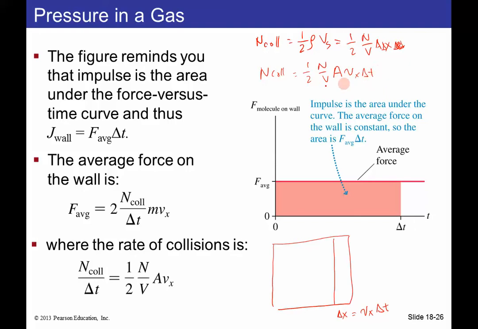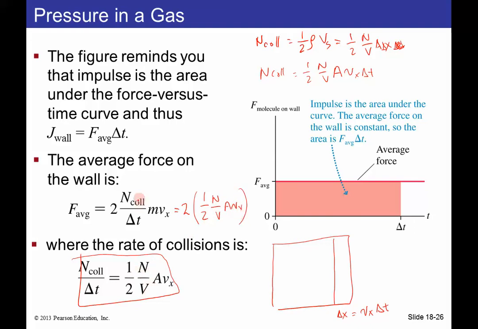If I divide this by delta t, then I get the rate of collisions. This is the rate of collisions. And then I can put this rate of collisions here and I get the average force. Therefore, the average force would be equal to 2 times 1/2 N over V A Vx.